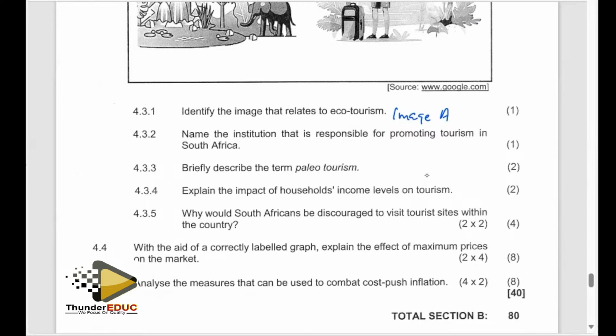Name the institution that is responsible for promoting tourism in South Africa. That is THETA.